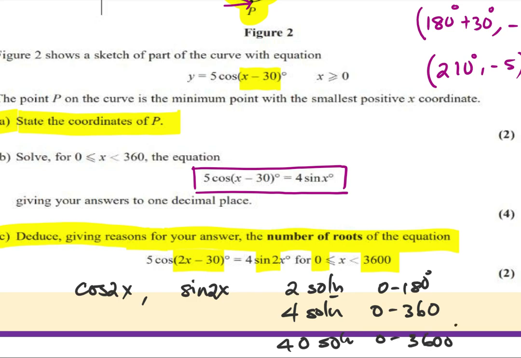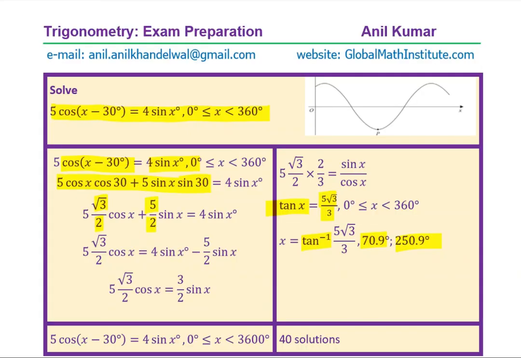You get the idea. And therefore, for part B, if you are looking into the domain from 0 to 3600, we expect 40 solutions.